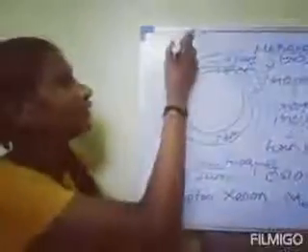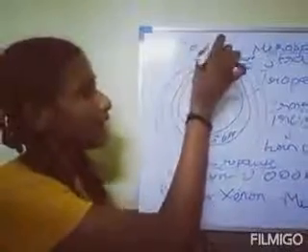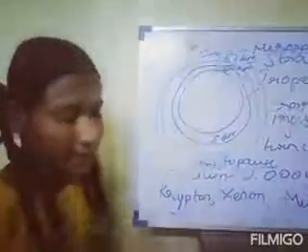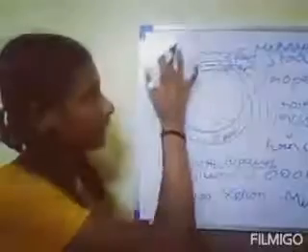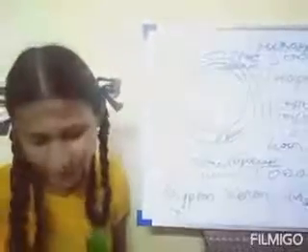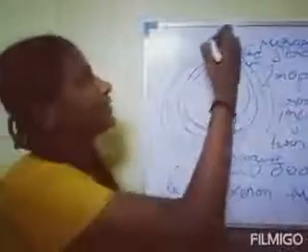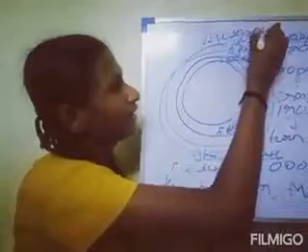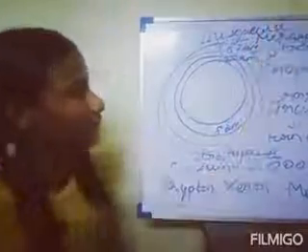When meteoroids or other particles come in, the mesosphere burns them, so this layer protects us. The uppermost limit of the mesosphere is the mesopause. All of them have an upper limit.